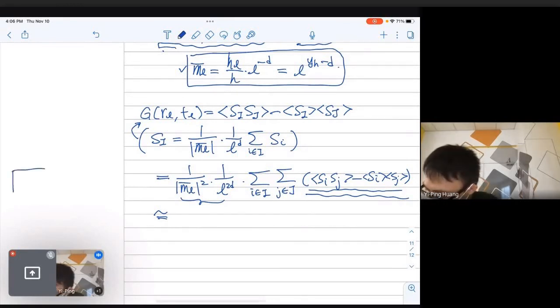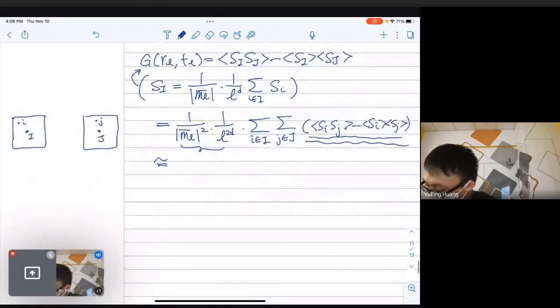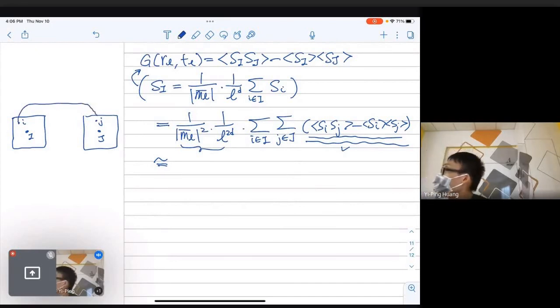You have a block spin centered at I, and you have another block spin centered at J. The little i spin is somewhere within the I block, and the little j spin is somewhere within the J block. You are trying to calculate the correlation, which is basically the correlation function between these two points, right?